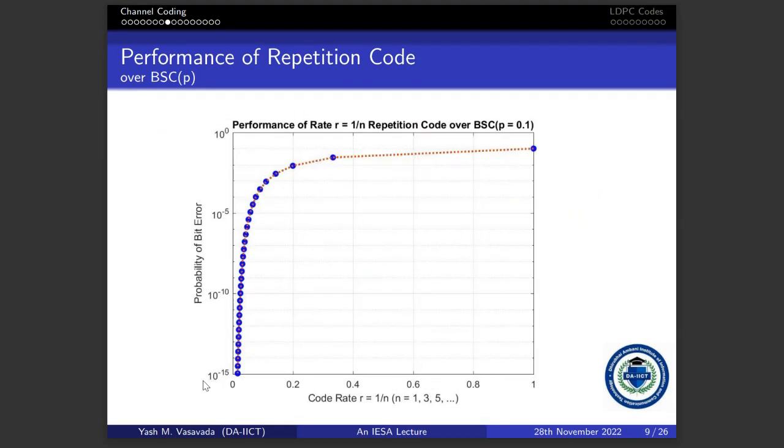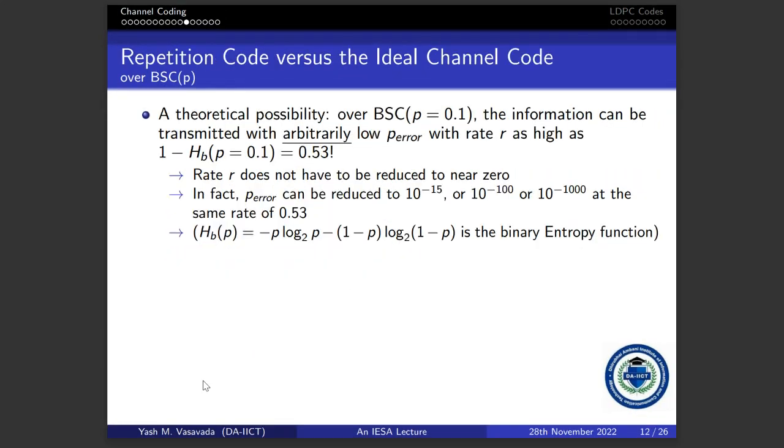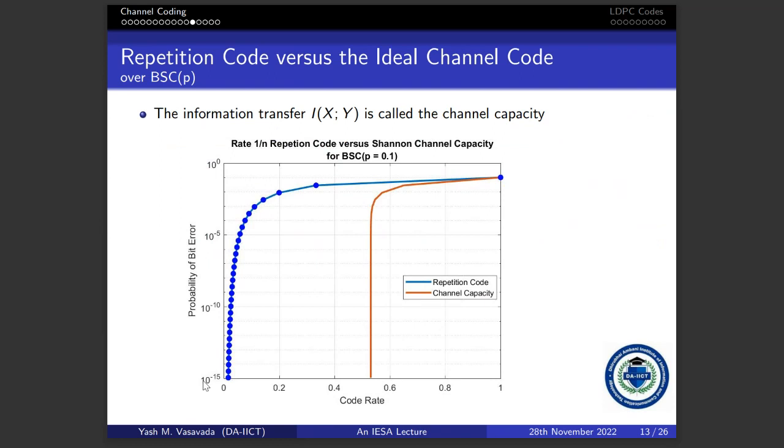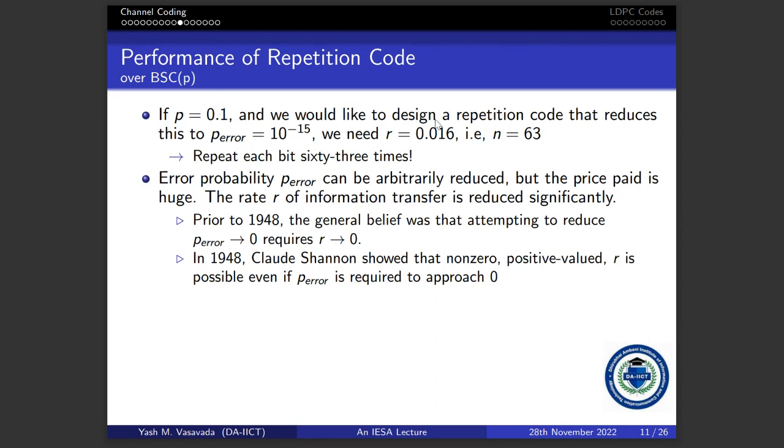If I consider this chart, which is where the technology and everybody's understanding was before Shannon entered the picture, Shannon came along and said that I can give you ultra reliable communication if my rate is around 0.53. Instead of the rate dropping to zero, we were talking about a rate of 0.016.